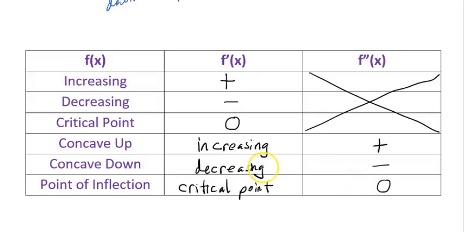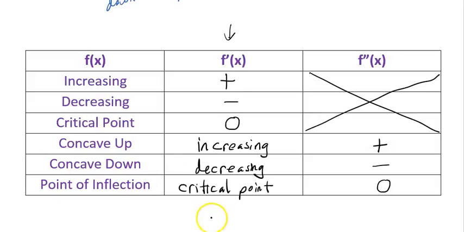Now, what most of the time is going to happen, and I'm going to say like 90% of the time, they give you a graph or knowledge of some sort about the derivative and ask you about the original. So if you think about it, just looking at the derivative, you can answer all of these 6 questions over here.